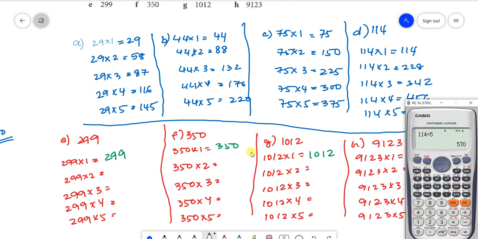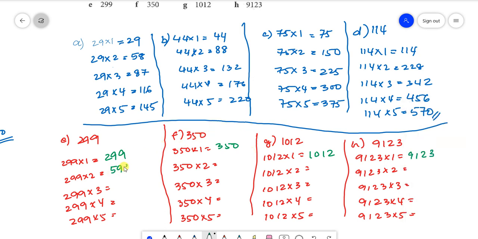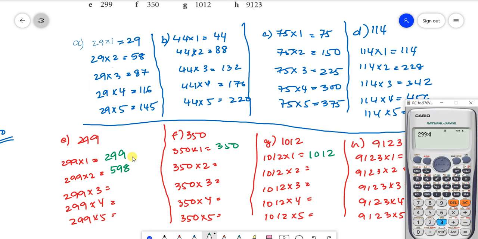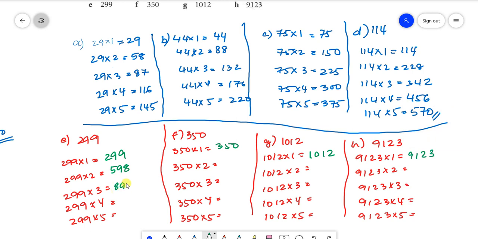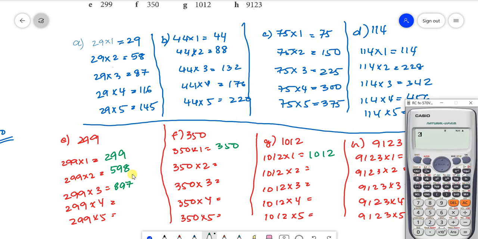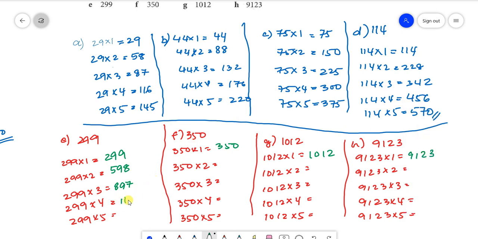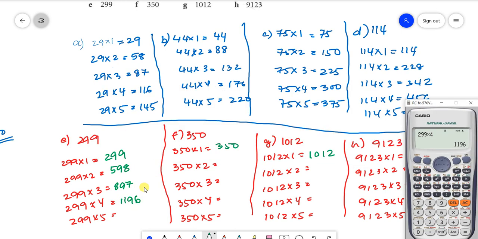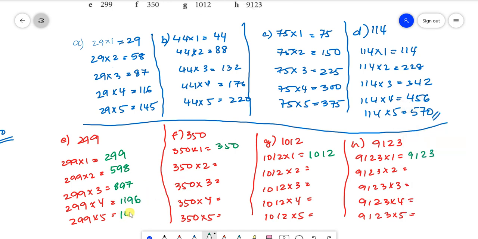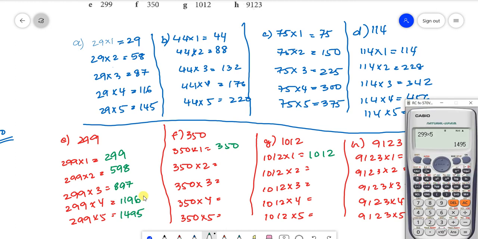299 times 2 is 598. 299 times 3 is 897. 299 times 4 is 1196. And 299 times 5 is 1495.